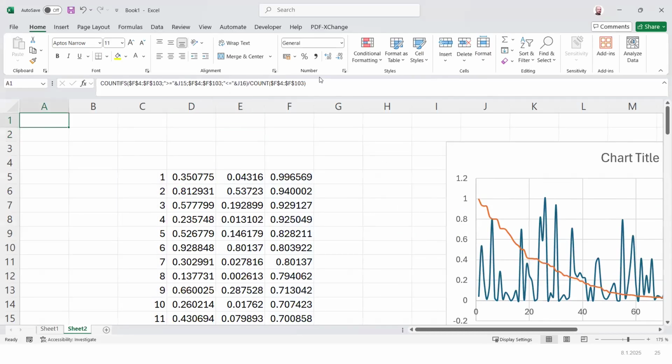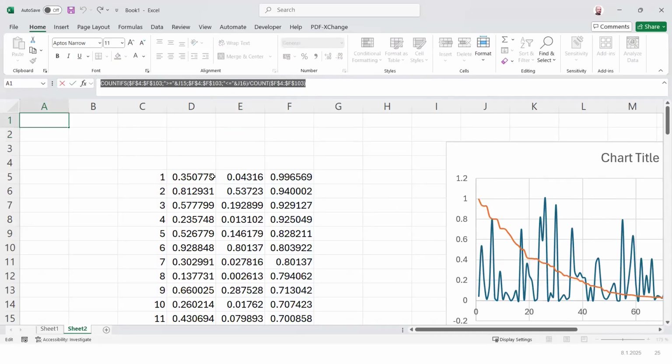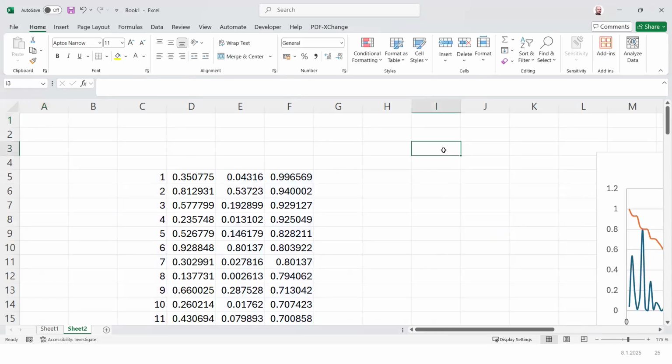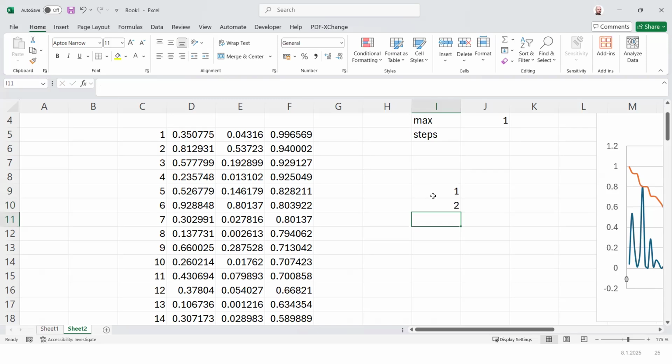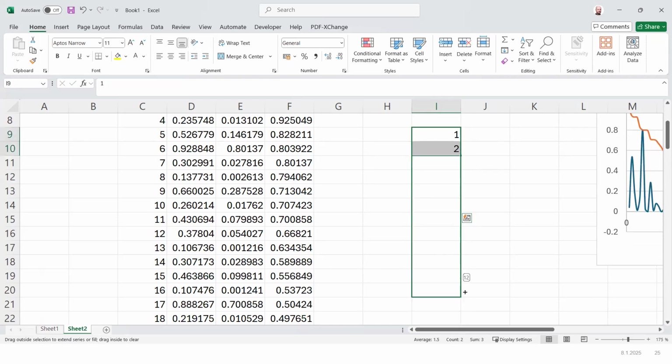I'll try to show it really fast in Excel. What we need here is to take the minimum, which is 0, and then the maximum, which is 1, and then we're going to make steps.